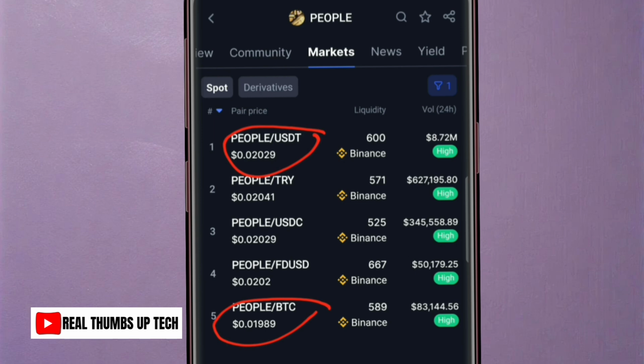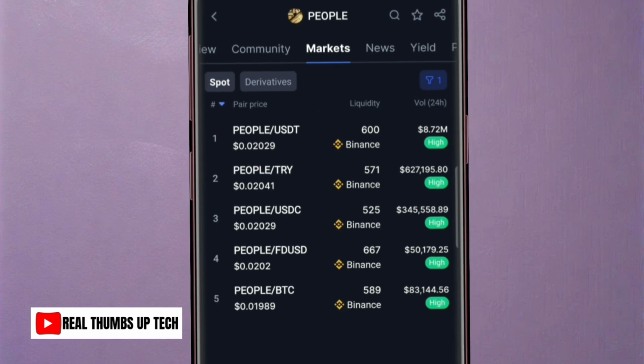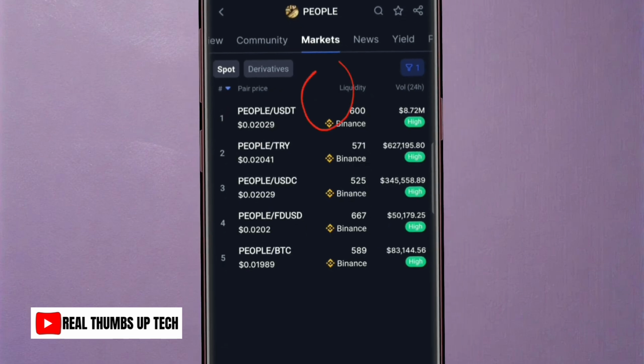That means we are working with People, USDT, and BTC. Okay, and if you look here, you see that buying it with BTC is very low. Then you now sell it using USDT. That's, you sell it for USDT. So what we're going to do here is, you want to first of all get USDT.